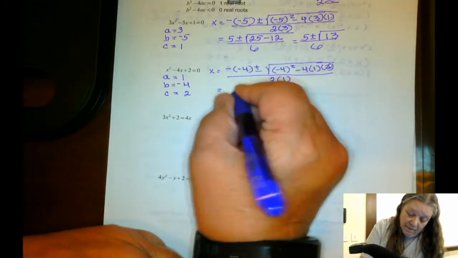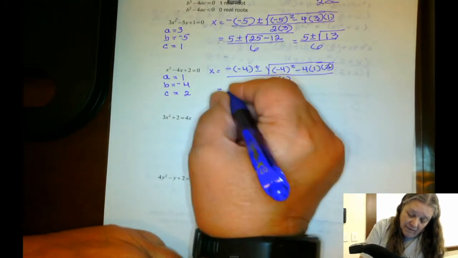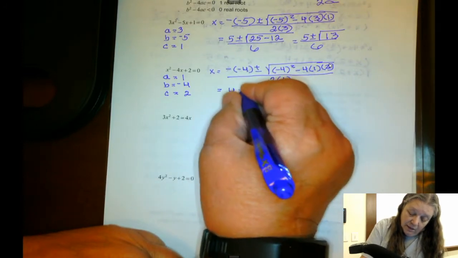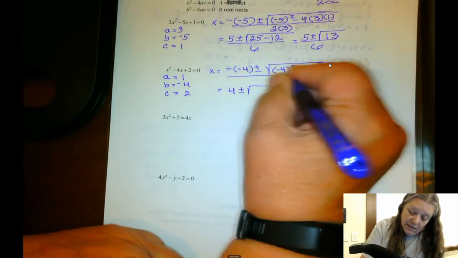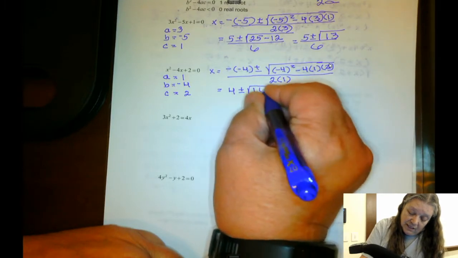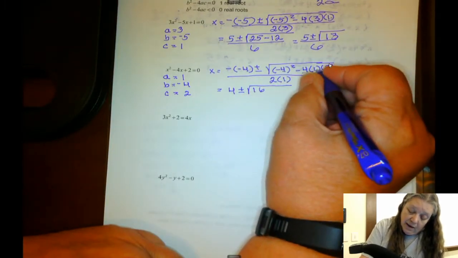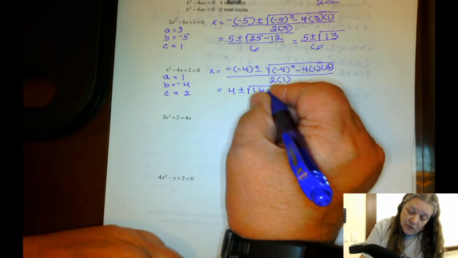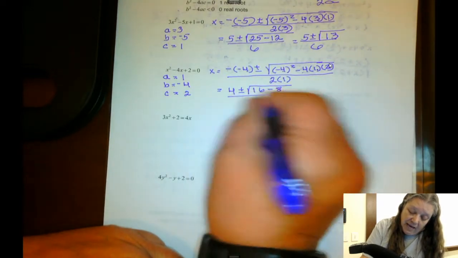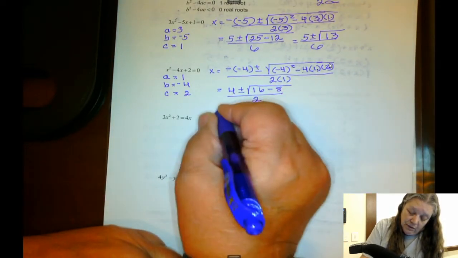So negative, minus of a negative 4 is a positive 4, plus or minus. Negative 4 squared is 16. Negative 4 times 1 is negative 4 times 2 is negative 8 over 2.